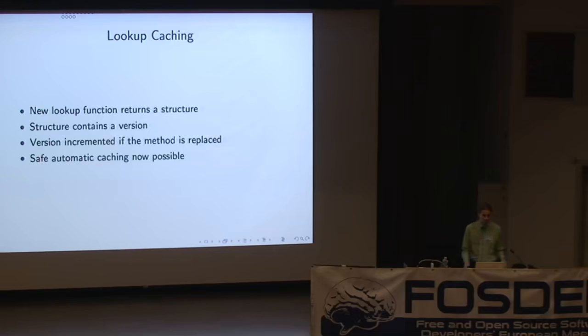If they are, it's great. If they're not, then you have to do the lookup again. But it means that now, rather than having the sort of manual method pointer caching that is fairly common in Objective-C code, where you'll see people doing this in critical paths in pretty much any large Objective-C project, we can now make the compiler do it automatically for free everywhere where it's sensible.